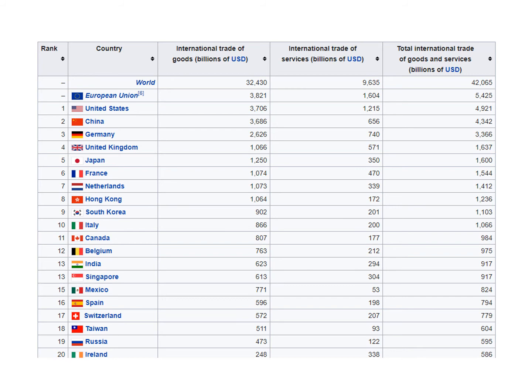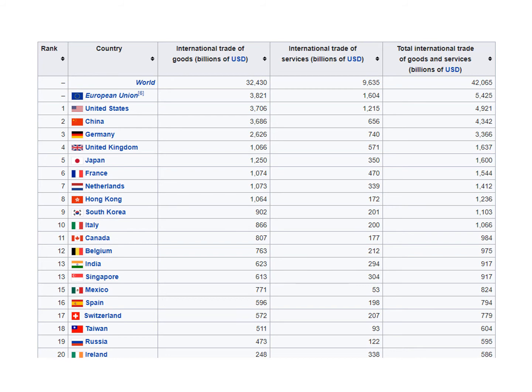So if we take the whole world, the whole world generated $32,430,000,000,000 worth of goods traded, $9,635,000,000,000 worth of services traded, so a total of just over $42 trillion worth of trade that is flowing around the globe.